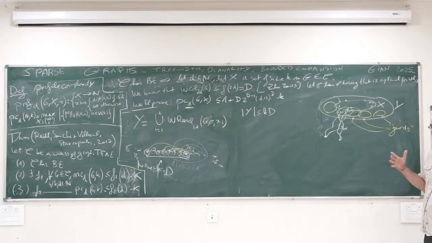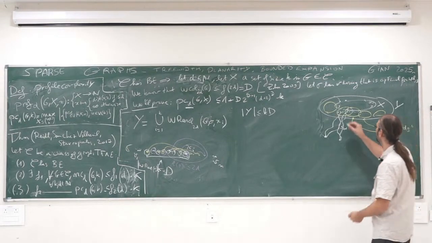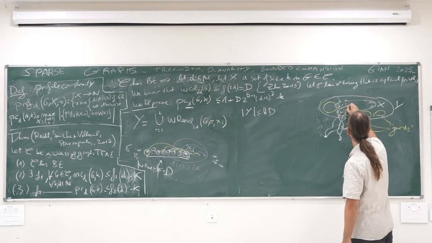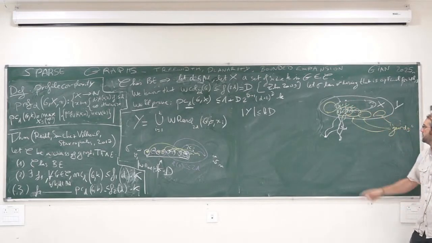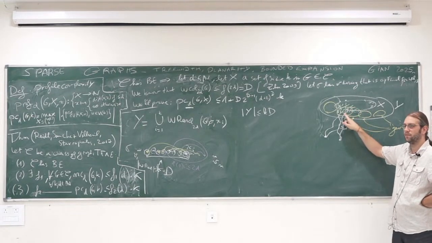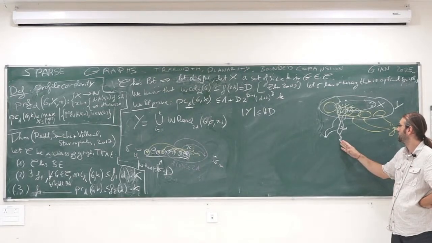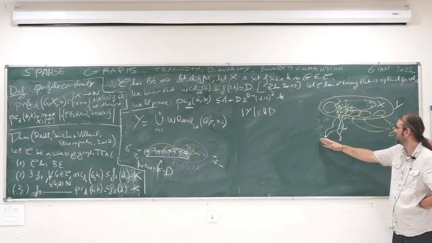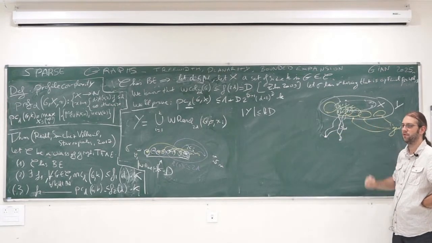Do all those green vertices have the same distance to x? No, they have some distance to x: 1, 2, 6, 2, 1. Some distance, but if this is small, I don't have that many possible profiles for this. And also that means there cannot be too many profiles for all the vertices which go here. And that's roughly the idea.